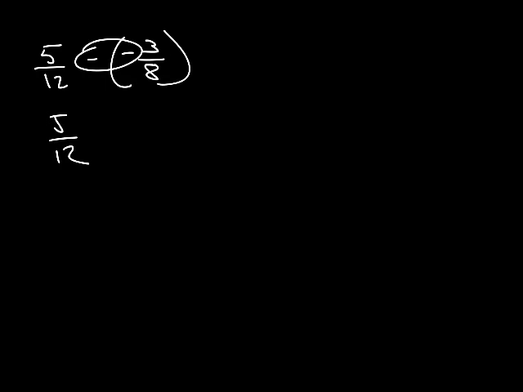So one last one, let's look at 119. 5/12 minus negative 3/8. Two minuses. So that turns it into a plus. And let's make that look like an actual 5 there. Alright, so we have to make common denominators here before we can add those. So the 12 is 2 times 2 times 3.